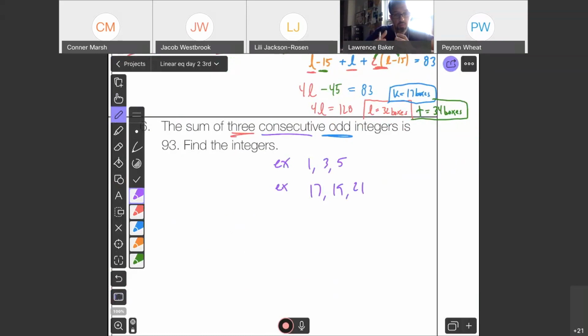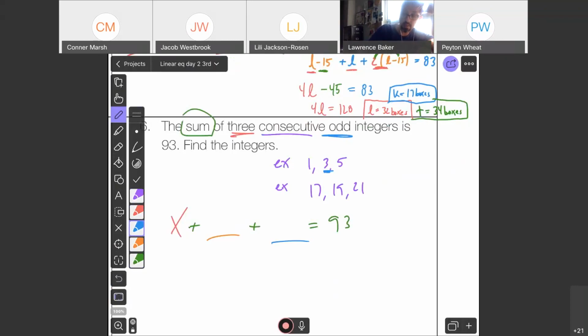If we think about how we started the last one, we want to sum, so we start off with some number and then add 2 other numbers to it, and we're supposed to get 93 as our answer. We just need to figure out how to write these other 2 numbers in relation to that first number.